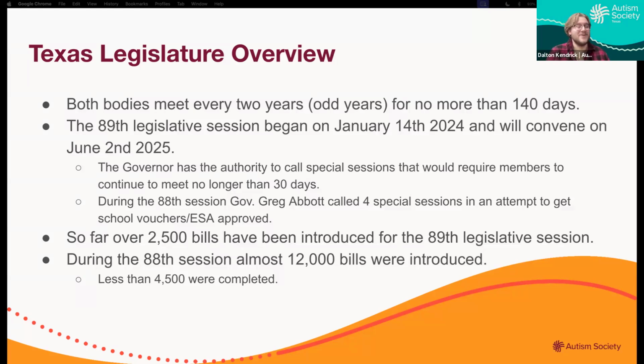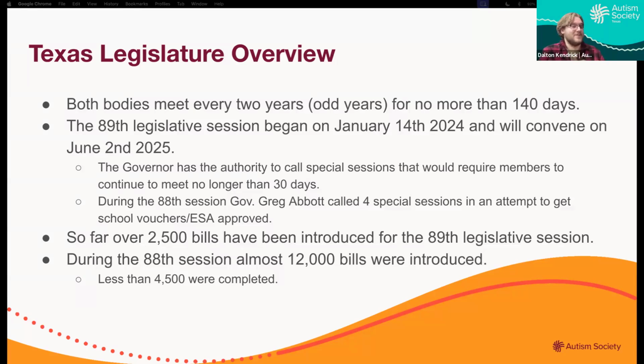So far, with the 89th legislative session, pre-filing starts the week after the general election, and over 2,500 bills were filed during that pre-filing. And just to give you an idea of how many bills they look at, last session they filed almost 12,000 bills to consider in 140 days.